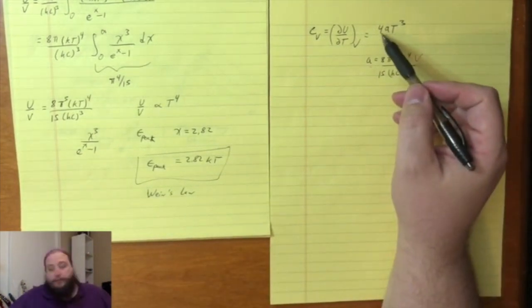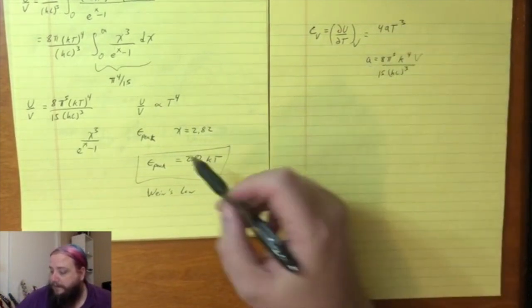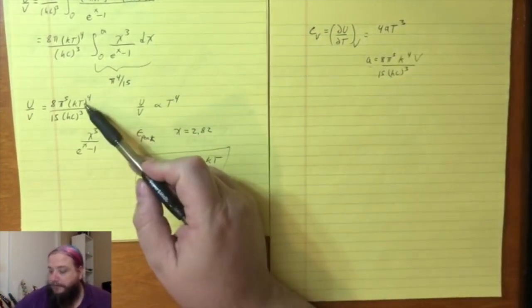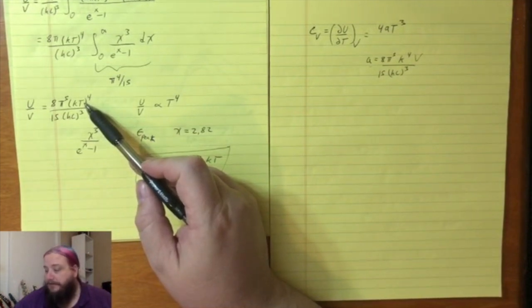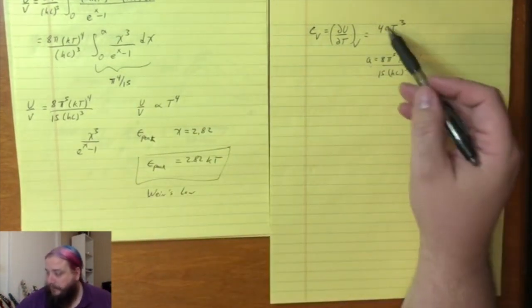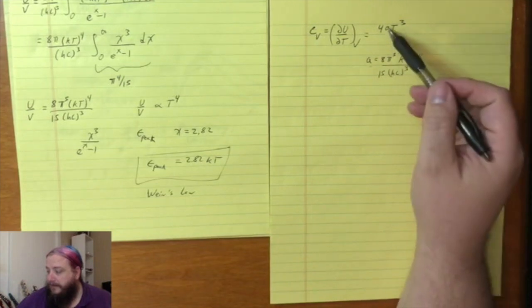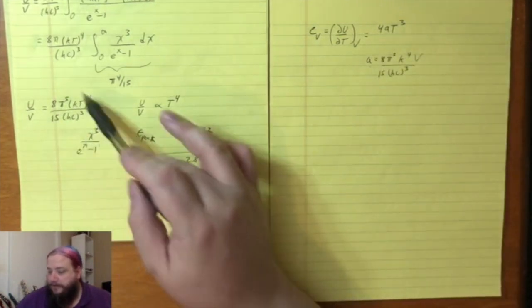The reason the 4 wasn't folded in there is that the 4 comes from the T to the 4th having its derivative taken. So the 4 came out of the derivative. This a factor all comes out of this.